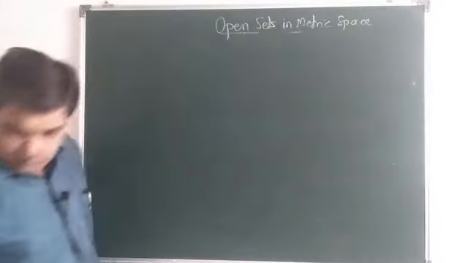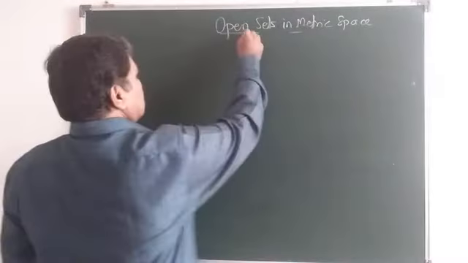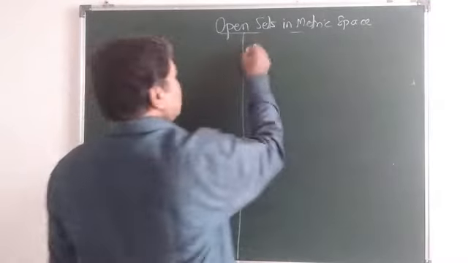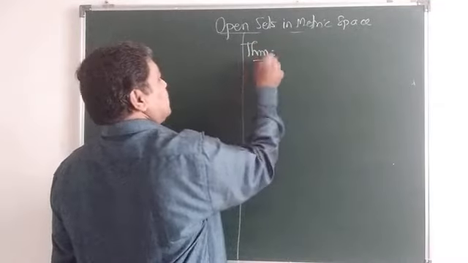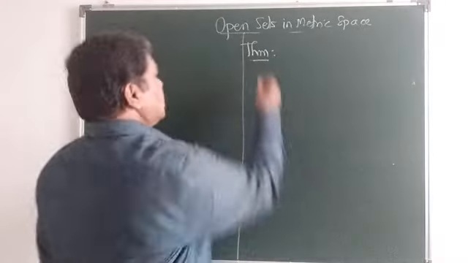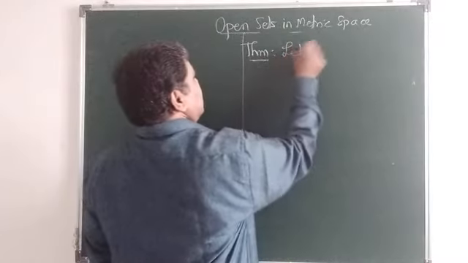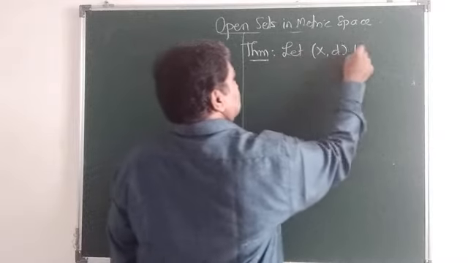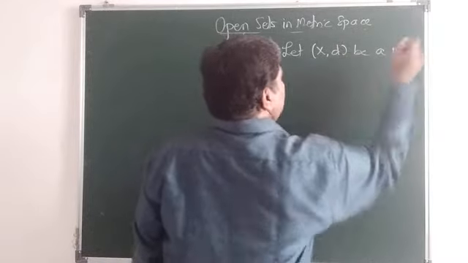Now we'll go to the theoretical part. Very important theorem, the first important result for metric spaces. Let (X, d) be a metric space.